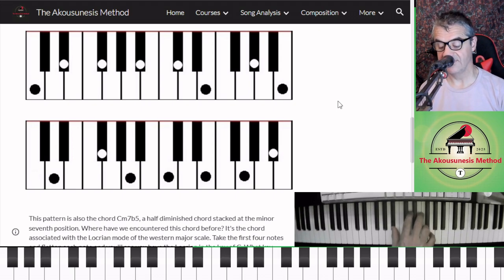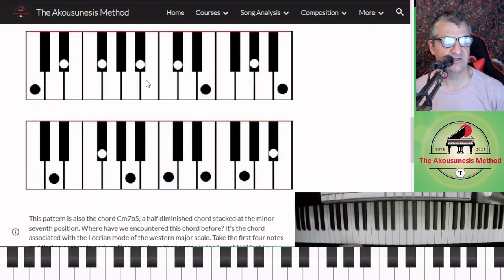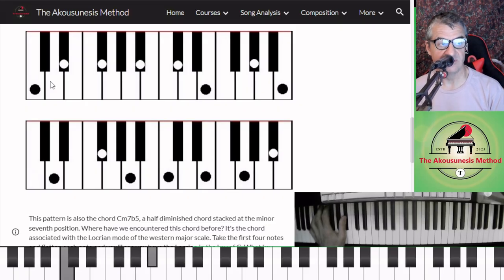Where's the 5? There's a minor 5. I should do this with my left hand because then I've got my mouse free to show it. So 1, minor 3, 5, minor 7.